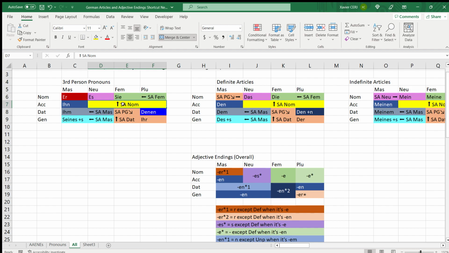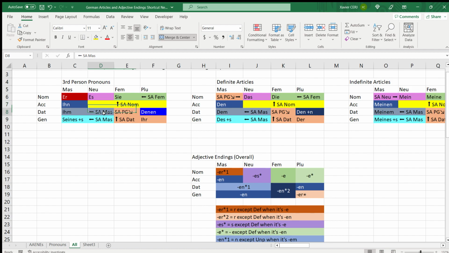Okay? Same as nominative. Now this is a constant trend. This means that for the neuter, feminine, and plural, basically the non-masculine, in the accusative case, the words are the exact same for both the nominative and the accusative. But again, not for masculine though. For masculine, they have their own thing.